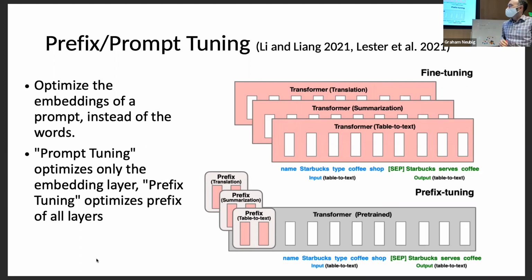So why is this a good idea? Basically, we know that prompting works, and we have an intuitive idea why it would work, because the language model has been trained on lots of different data that includes things like TLDR, which are very good indications of what we should be doing next.